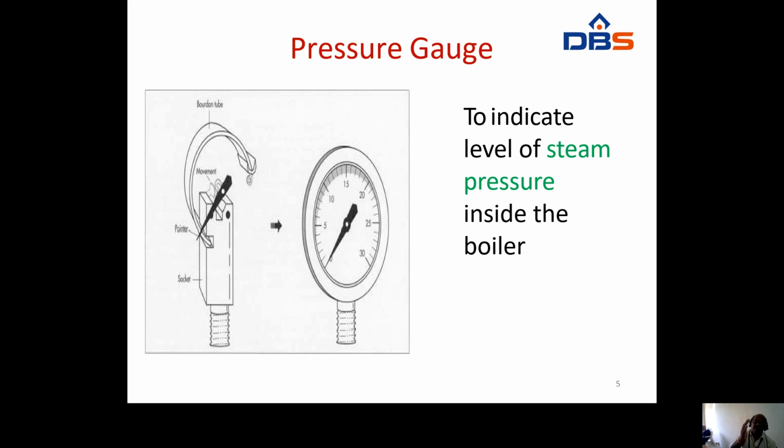Generally, every boiler is designed for a certain pressure. If the pressure exceeds it, an explosion can take place. So we always see that the pressure should not cross the design pressure. Like that, the pressure gauge helps for the safety of the boiler.